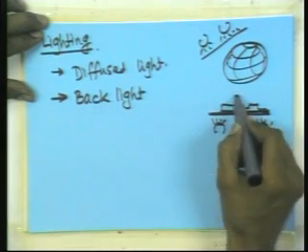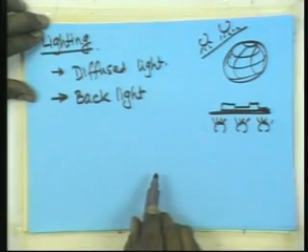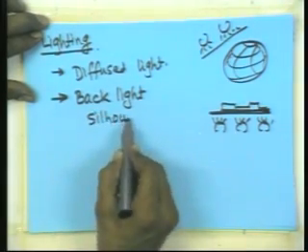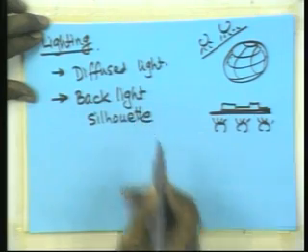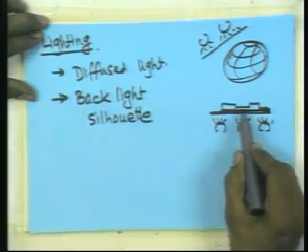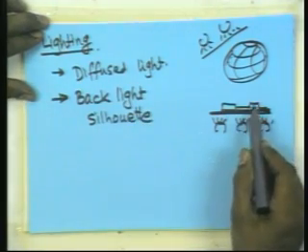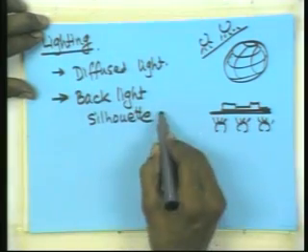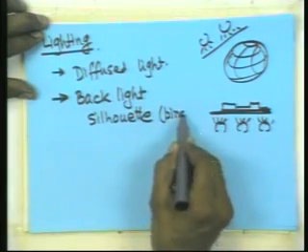If I look from the top now, I will see a silhouette, which means wherever the object is there, I will see darkness, and wherever the object is not there, I will see bright. So it directly gives me a binary image.